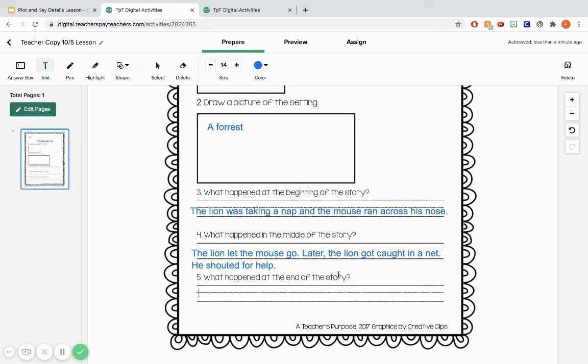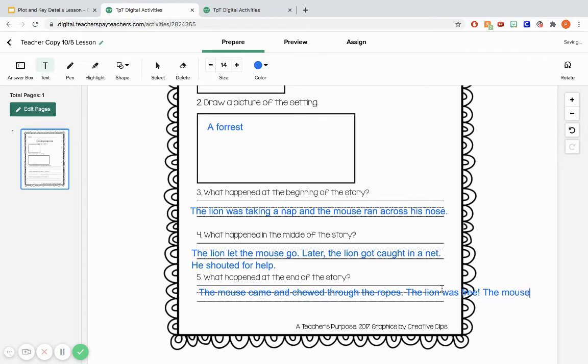At the end of the story, the mouse came and chewed through the ropes. The lion was free.